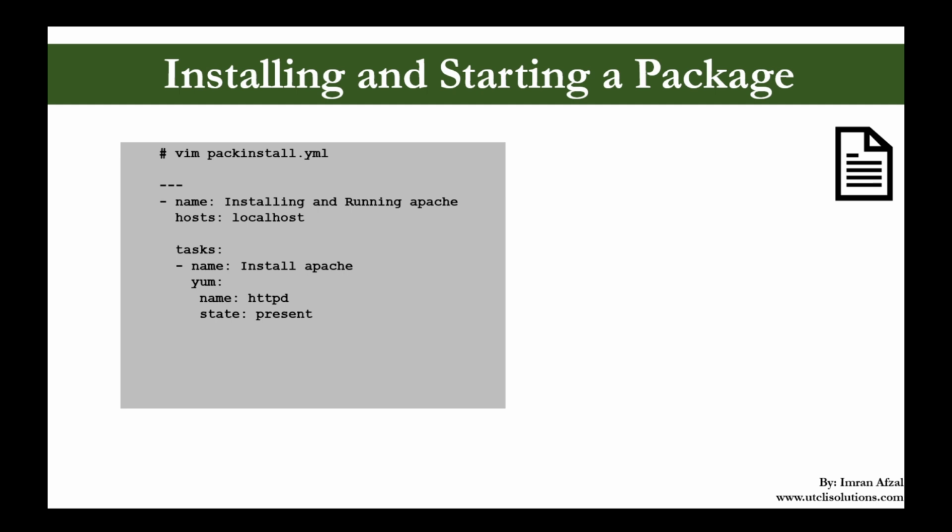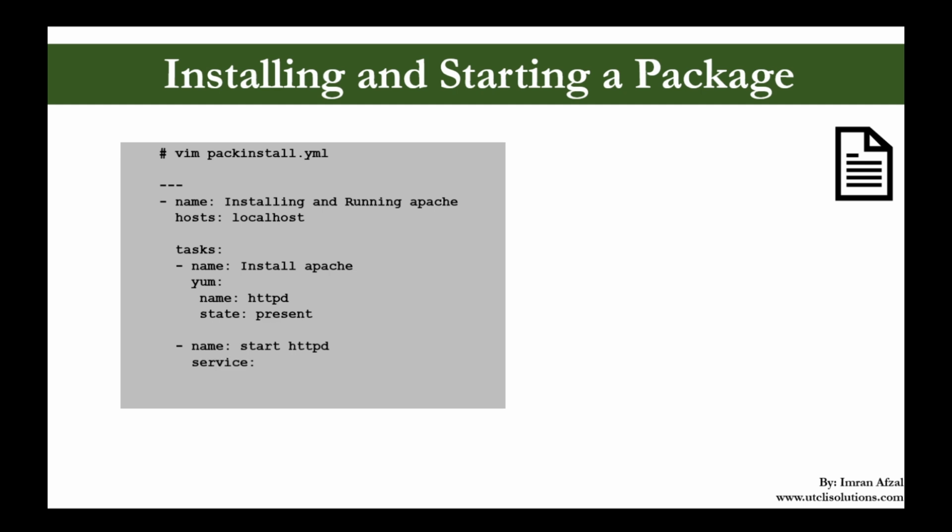Beautiful. Now the package is installed. Now we want the service of the package to be started. For that, we have to give a new name for that task, and that is start HTTPD. If you notice, that name is exactly under the same vertical column as the first name, where we have install package.